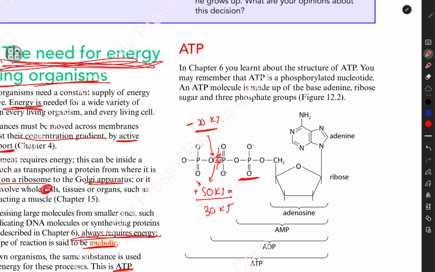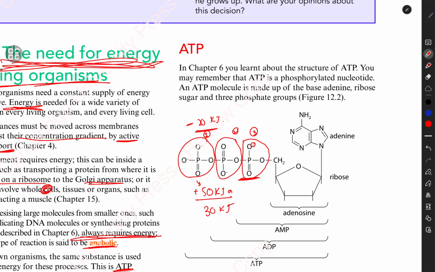The thing is, we have a negative charge here, so this whole molecule is negatively charged. This one is also negatively charged, this second one is negatively charged, and this third one is also negatively charged overall.